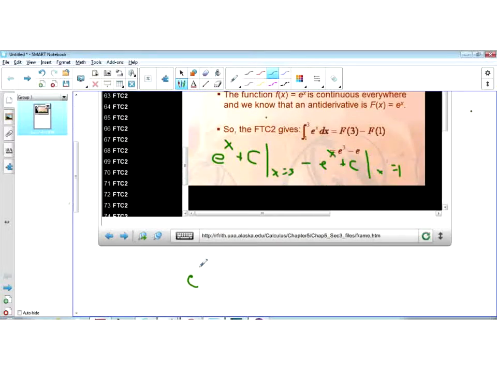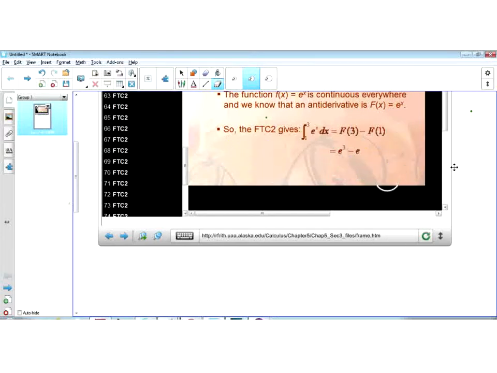That turns out to be e cubed plus c minus e plus c, and then the c's will cancel for any c. This holds true for any definite integral. C, of course, is called the integration constant, and it will always subtract off for a definite integral. So don't be overly consumed by that.